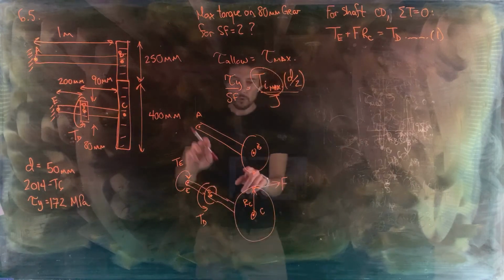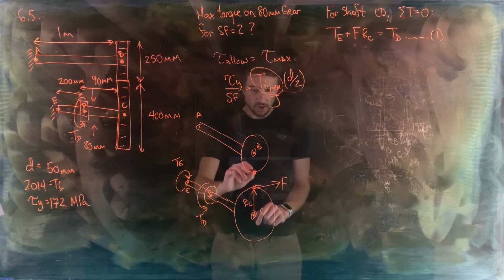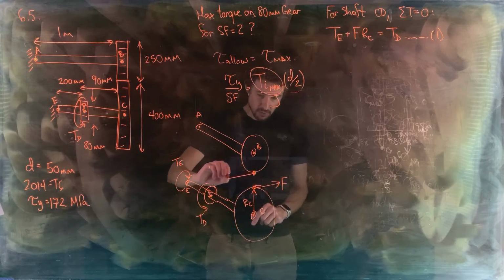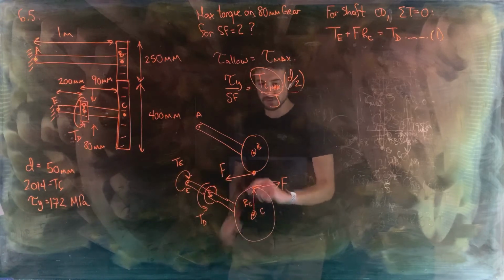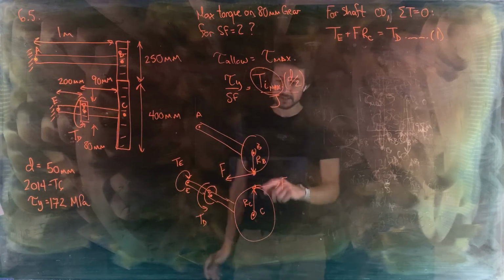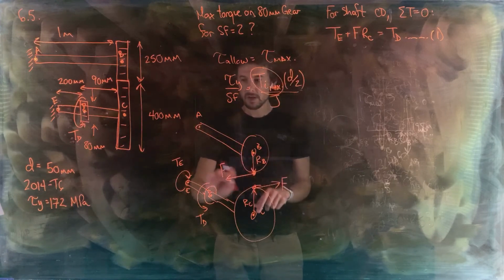For the top shaft, if force F, which exists at the contact point between these two gears, is in this direction, then it has to be equal and opposite on the other gear. So there's F there, and it's at a distance of RB, the radius of gear B, from the center of shaft AB, so that's going to create a torque.